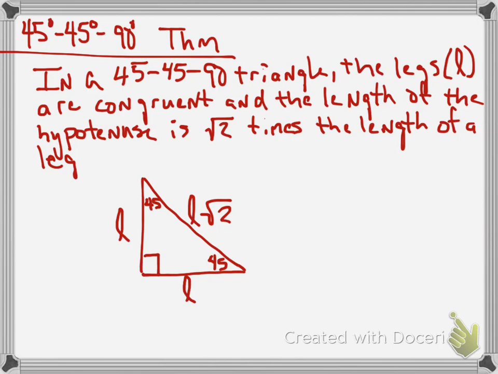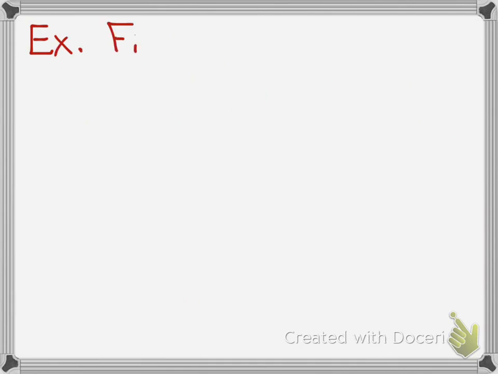Notice that these two are equal. They're the same, but then you would multiply by the square root of 2 to get that. So let's look at an example. Let's do something easy. Find x. On these first examples, all I'm going to do is have you find the hypotenuse. Notice that x is opposite the right angle, which is 90 degrees right there, so that's the hypotenuse.